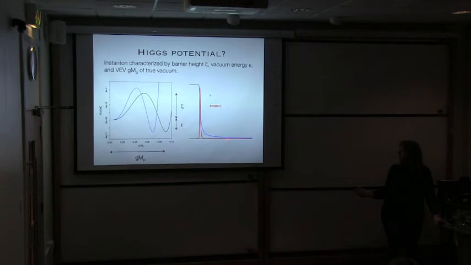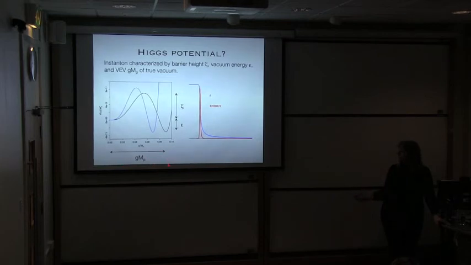And so it looks plausible to use a thin wall approximation. For a thin wall approximation, roughly speaking, the height of the potential barrier should be bigger than the dip of the false vacuum. And this is just for further reference.